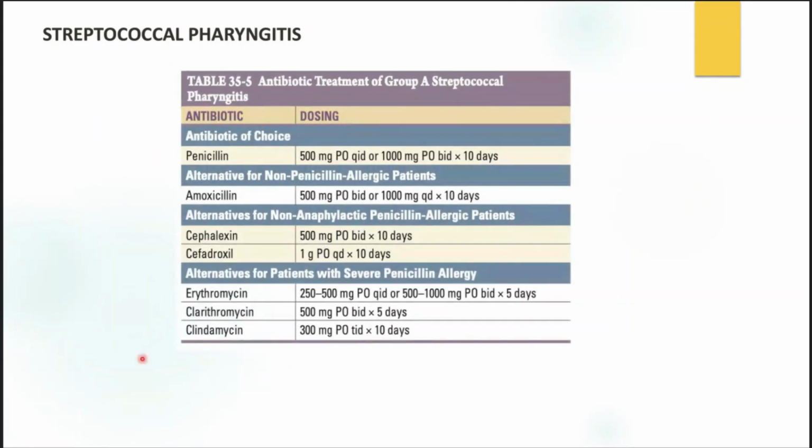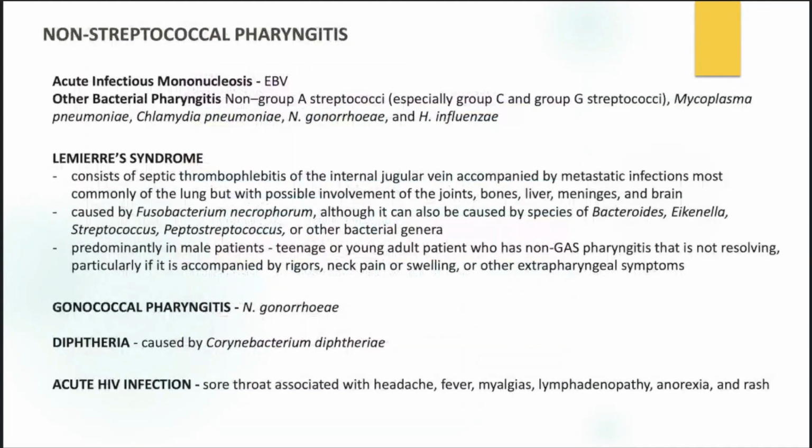So, this is the recommended treatment for group A streptococcal pharyngitis. The antibiotic of choice is still penicillin, but alternatives would be amoxicillin, cephalexin, cefadroxil, and for those with penicillin allergies, erythromycin, clarithromycin, or clindamycin.